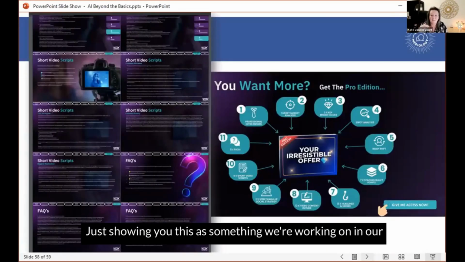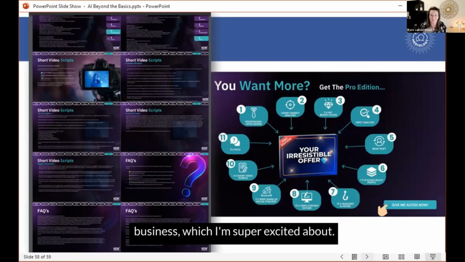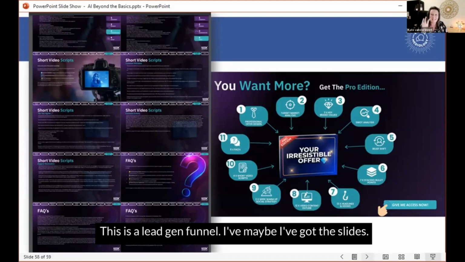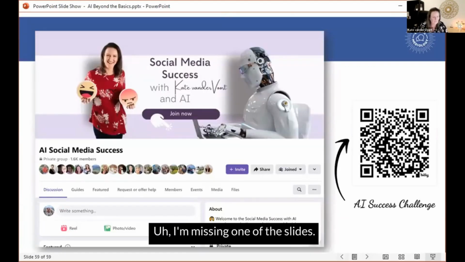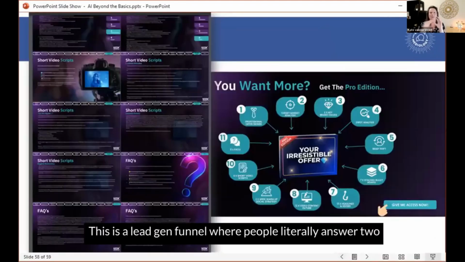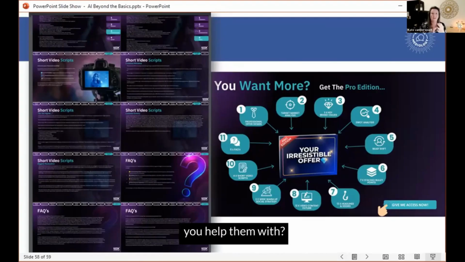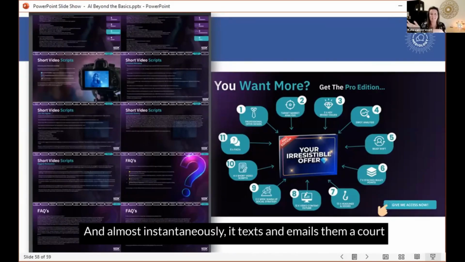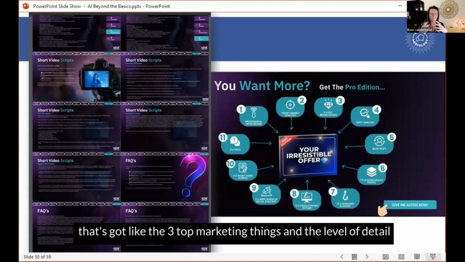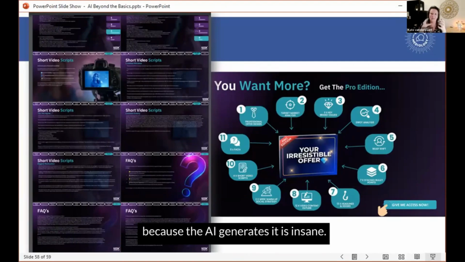Just showing you this as something we're working on in our business, which I'm super excited about. This is a lead gen funnel where people literally answer 2 questions: who do you serve, and what's the problem that you help them with? And almost instantaneously, it texts and emails them a report that's got the 3 top marketing things, and the level of detail, because the AI generates it, is insane.